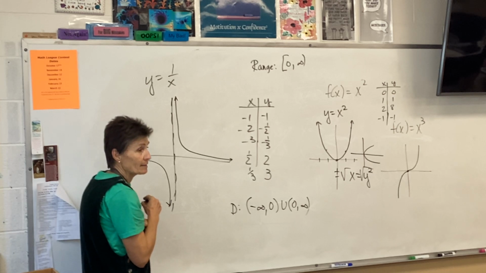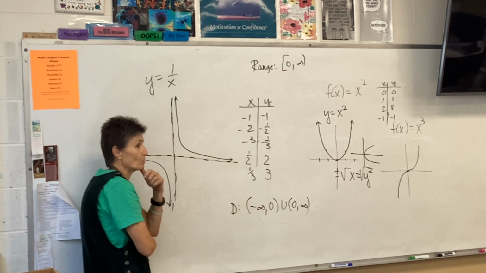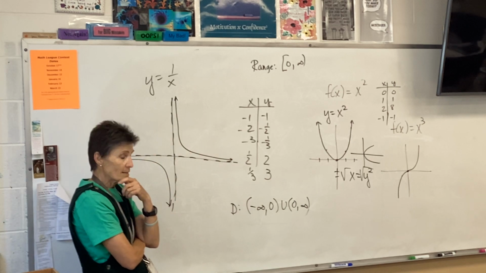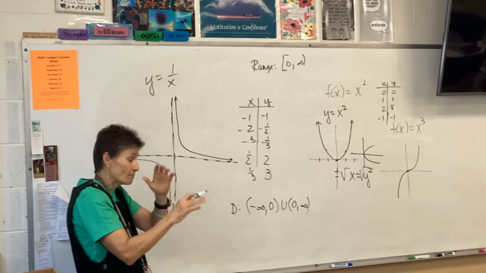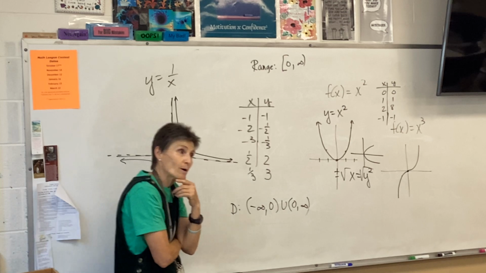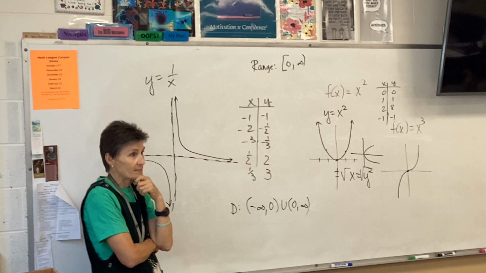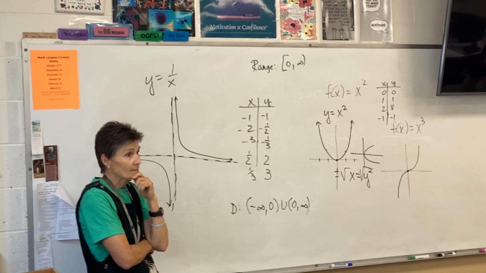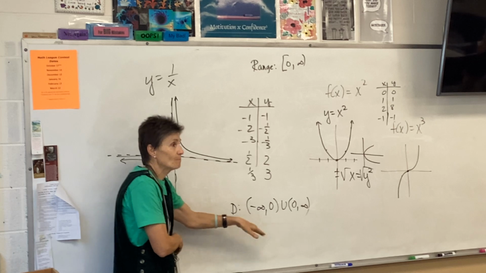Does it make sense that there appears to be a horizontal asymptote at 0? Yes, because why? Think quiz tomorrow. You got an x on the bottom, you don't have one on the top, so the end behavior is always going to be to 0, right? Always. Okay, perfect.